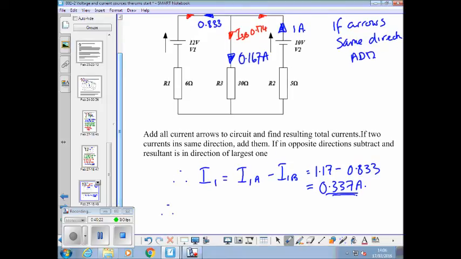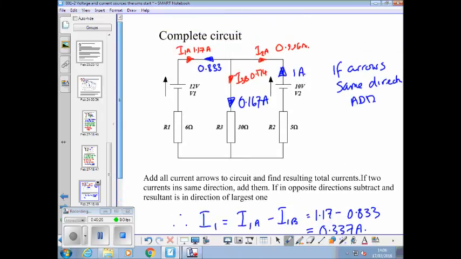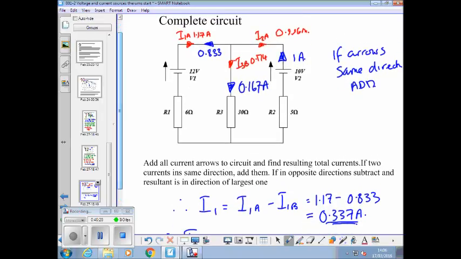I2 is, we've got 1 amp and 0.996, so I2B is bigger than I2A, just a little bit, isn't it?